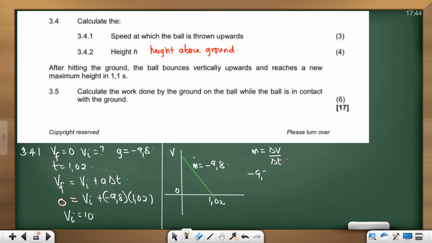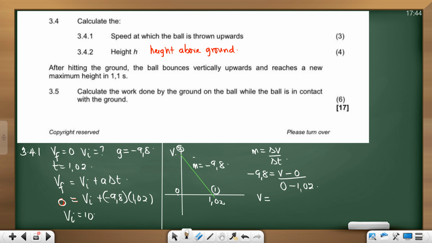Negative 9,8 equals v2 minus v1 over t2, if I call this my second point and this my first point. So v2 minus v1 over t2, 0 minus 1,02. What is v minus that? That is v.